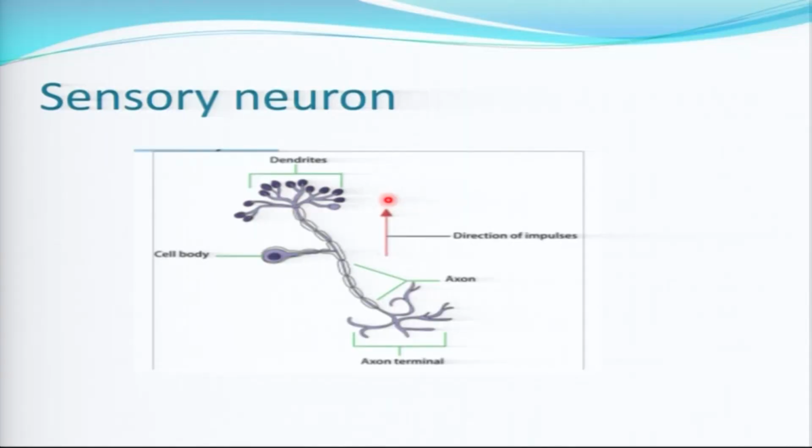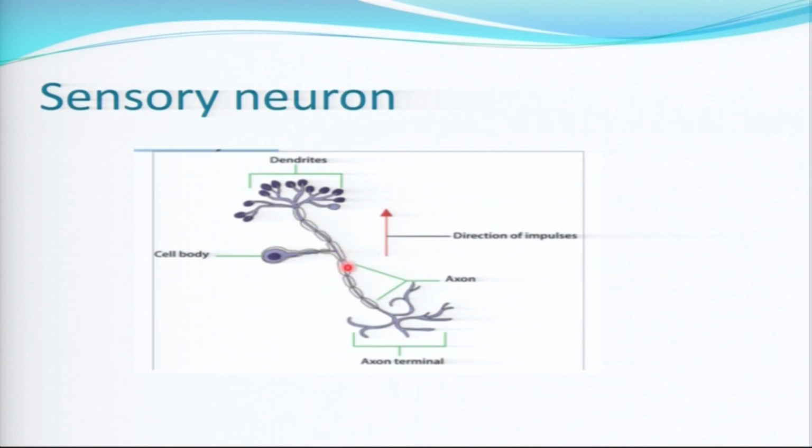So now, this is sensory neuron. This is the structure of the sensory neuron. Those parts are called dendrites. And this is the cell body. And those ones are called axon terminals. And this is axon. So when the information comes from the body, it has to pass through the dendrites. From the dendrite, the information has to pass to the axon.